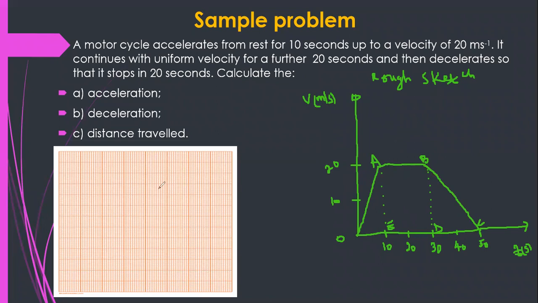So we can now transfer it onto a clean sheet like this one. We should have something like this. Let me use black. So we've got this, and our time axis.